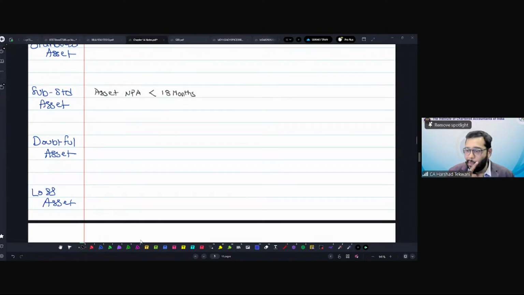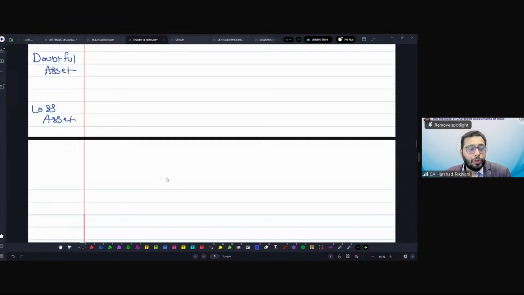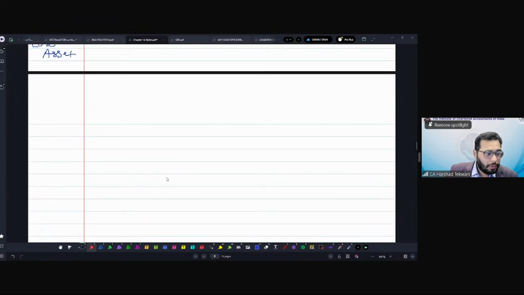Now, what is NPA? How to calculate NPA? There are different requirements with respect to how to calculate NPA. This is known as calculation of NPA, or you can say NPA classification, NPA norms.